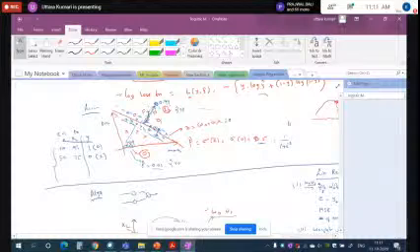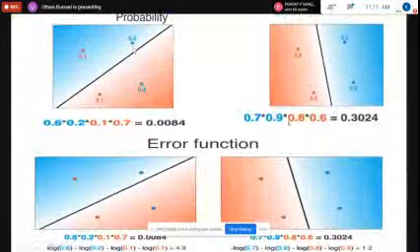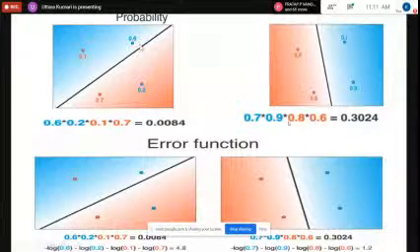Let me go back to this and just see. Here, the blue point has a 0.6 probability, and another has 0.7 probability, whereas the red one is in blue region, so it is 1 minus y probability, which is why it is 0.1.